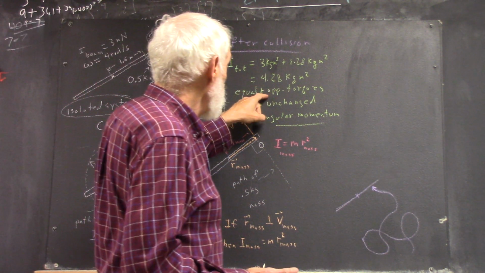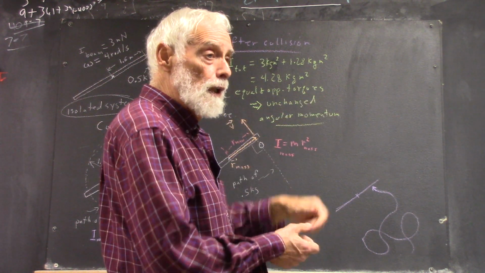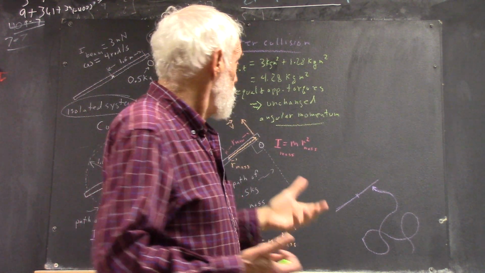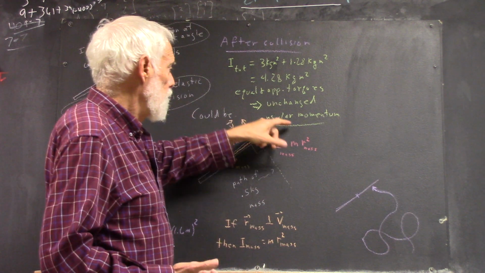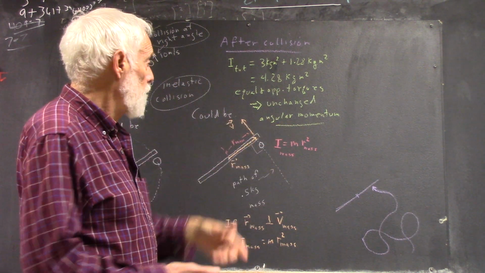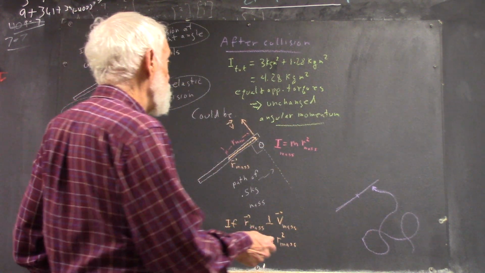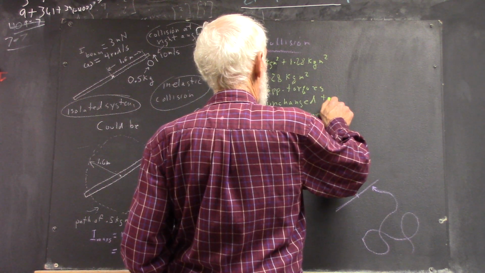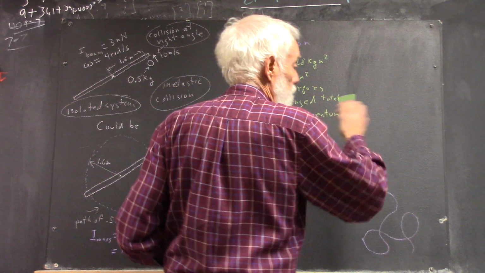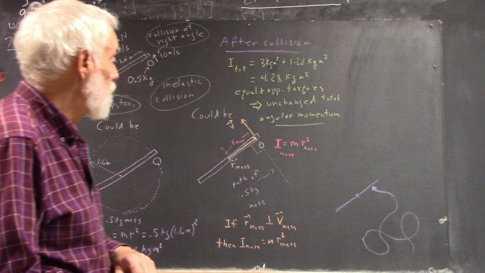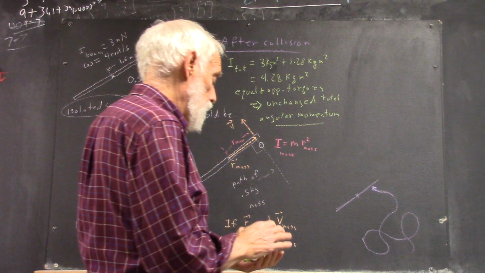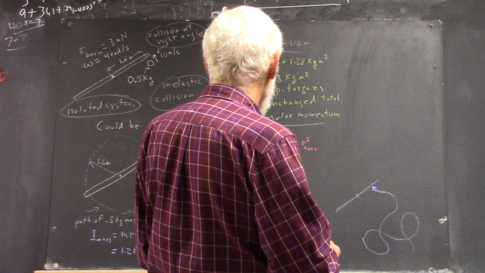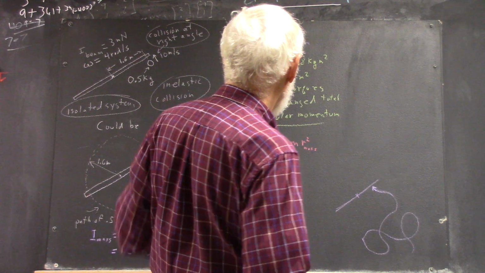So that we get equal and opposite torques, and equal and opposite torques are going to result in unchanged total angular momentum. And maybe I should say total angular momentum, just to be a little more clear. And when that happens, we can easily analyze the collision now.